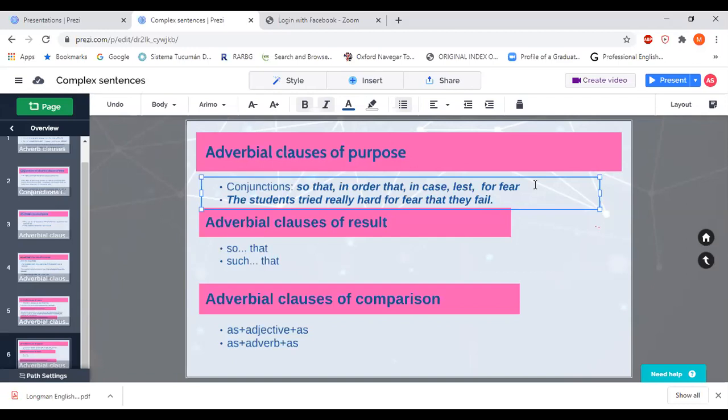Do you understand? For fear that they fail. We can paraphrase this and say because they were afraid of failing. Do you understand? Yes.